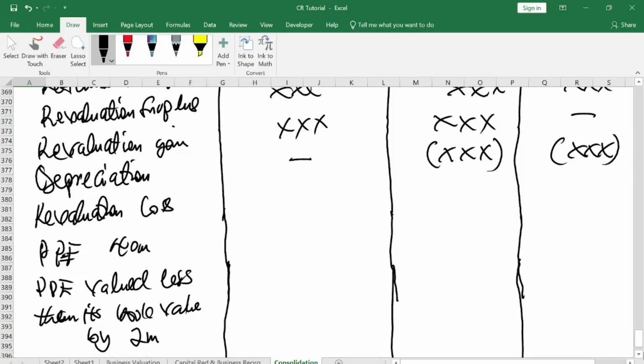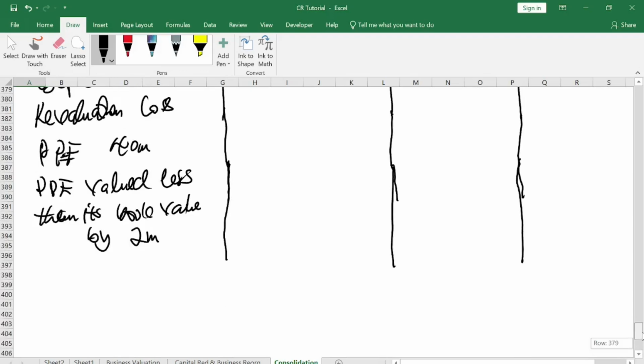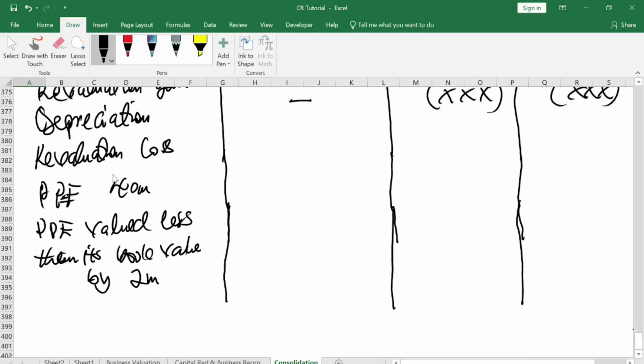Now, sometimes if you are lucky, they will not bring you this long English. They will give you PPE. You go into the P&L, you see the PPE, and they will tell you that now the revaluation of the PPE is maybe 38 million. You understand?